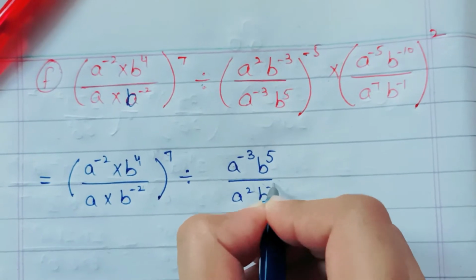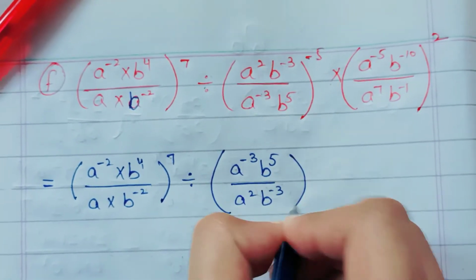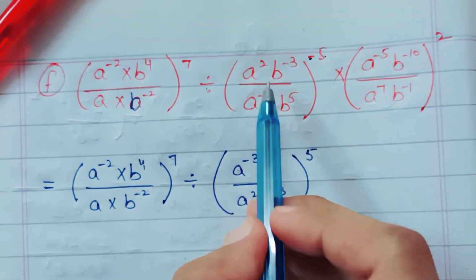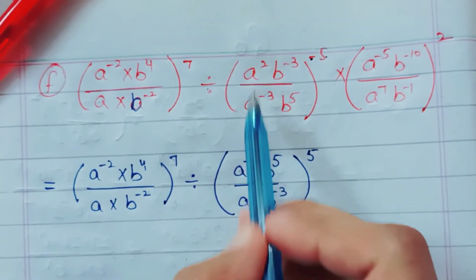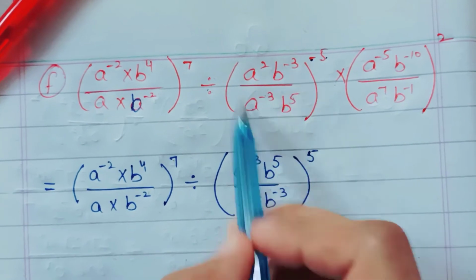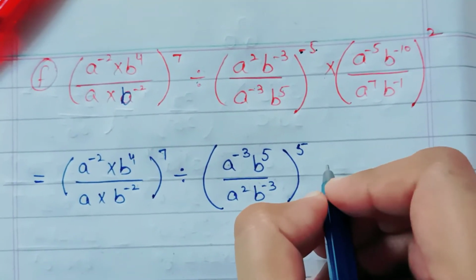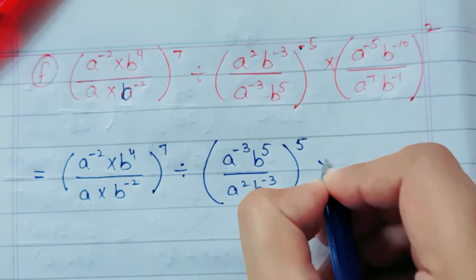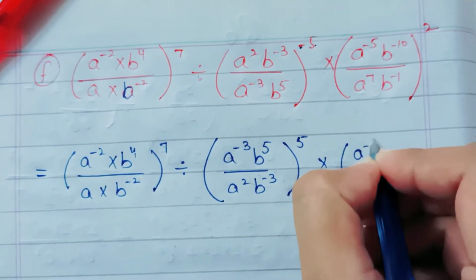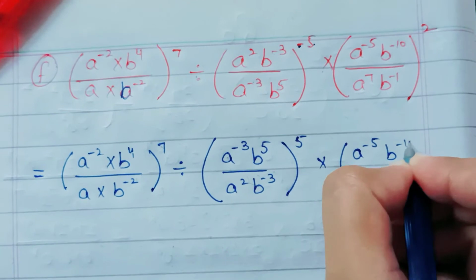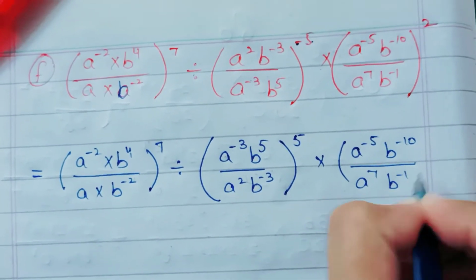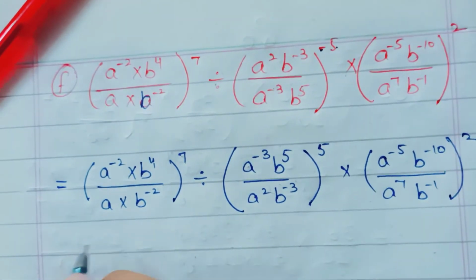A square b minus q, and this one minus 5 will become plus 5 because I have taken the inverse of these terms, and I have used here negative law of exponents. Multiply by a raised to power minus 5, b raised to power minus 10 over a raised to power 7, b raised to power minus 1 whole square.